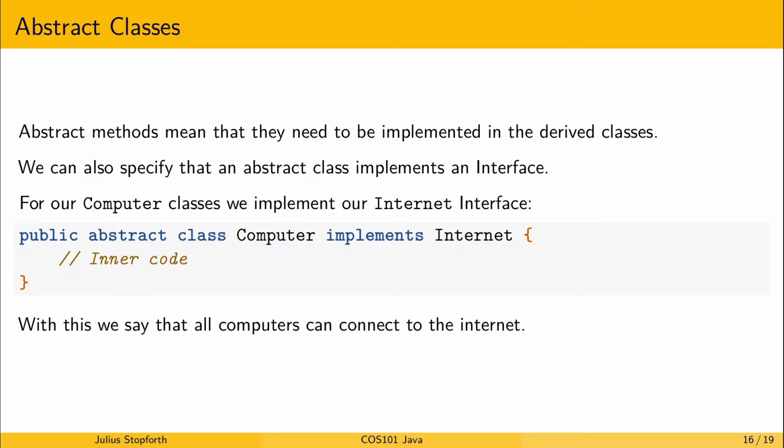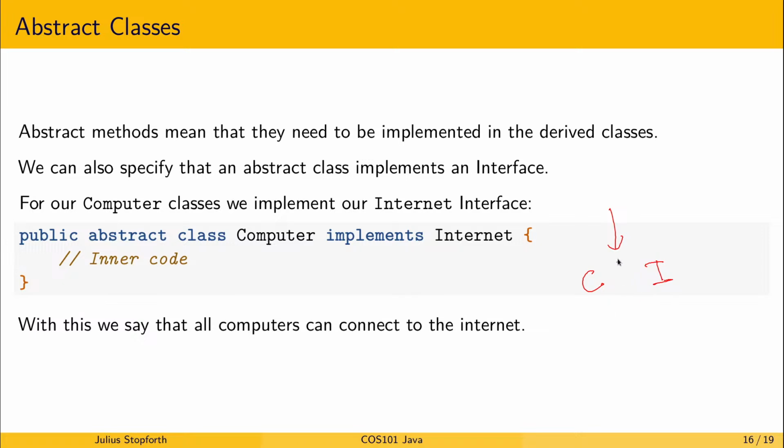We can also specify that an abstract class implements an interface. So if we have some sort of abstract class, we can say that the computer must implement the internet interface. This means that all classes that derive from the computer can inherit from the class computer or be treated as the internet interface.